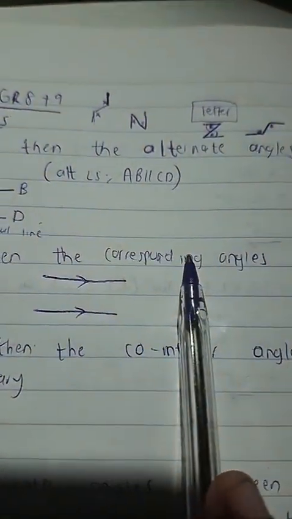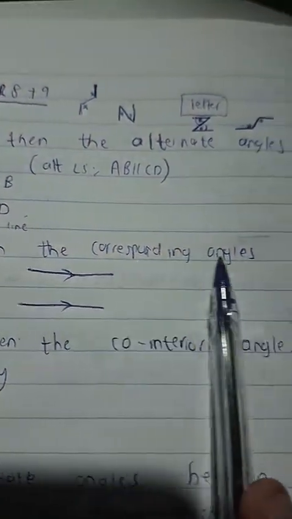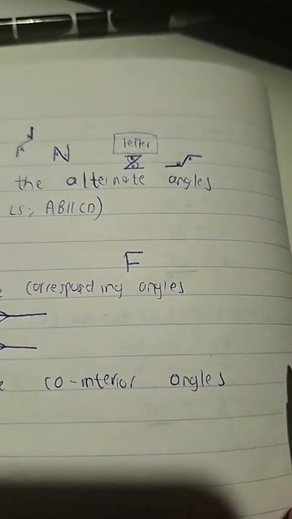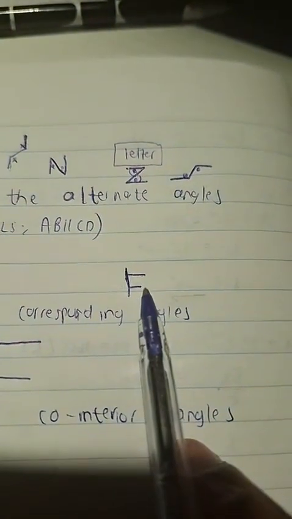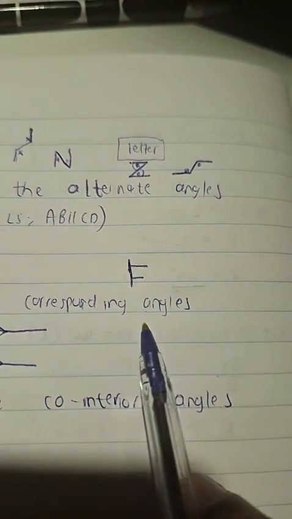Now, in this scenario, we are talking about corresponding angles. And when we talk about corresponding angles, there's another letter that we need to consider, and that is the letter F. That is our F shape. That F is a funny looking F because it has a cap at the top, if you want to call it that.